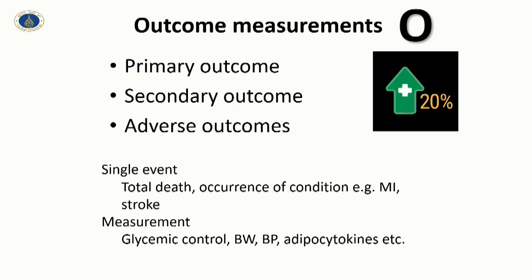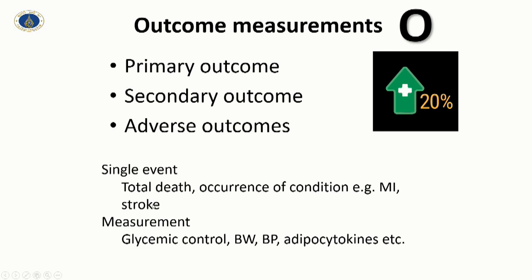You expect only the primary outcome, so the most important outcome goes in the primary outcome. Something secondary, where you're not sure the outcome will turn out to be true or not, you put in secondary outcomes. And sometimes you measure adverse outcomes like nausea, vomiting, weight loss, or something else that may be affected by your intervention.